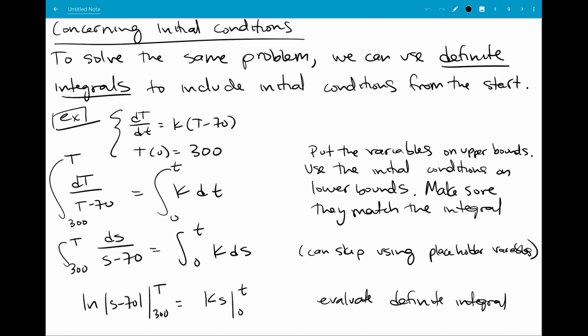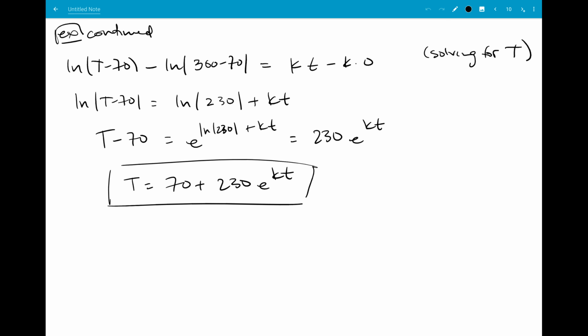All we did here was plug in our initial conditions at the start, took a definite integral instead of one with an unknown constant, and then we never had to solve that algebra problem because it was built into solving for T in that final step.